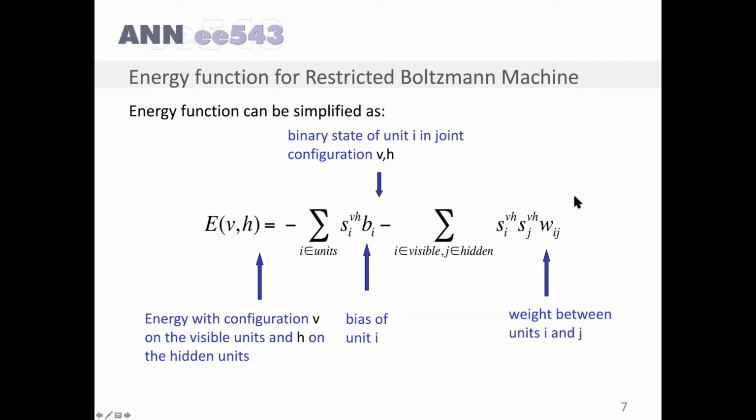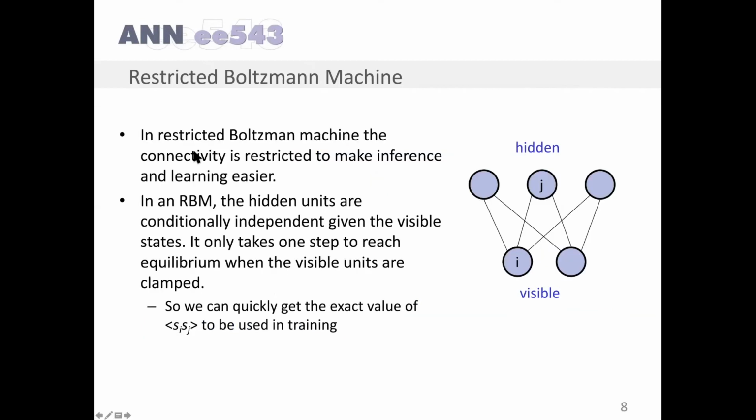However, this second term is different. Instead of 1 over 2, here we have I chosen from the visible units and J chosen from the hidden units. Because of that, each pair is considered only once and there is no need for 1 over 2 before the summation.